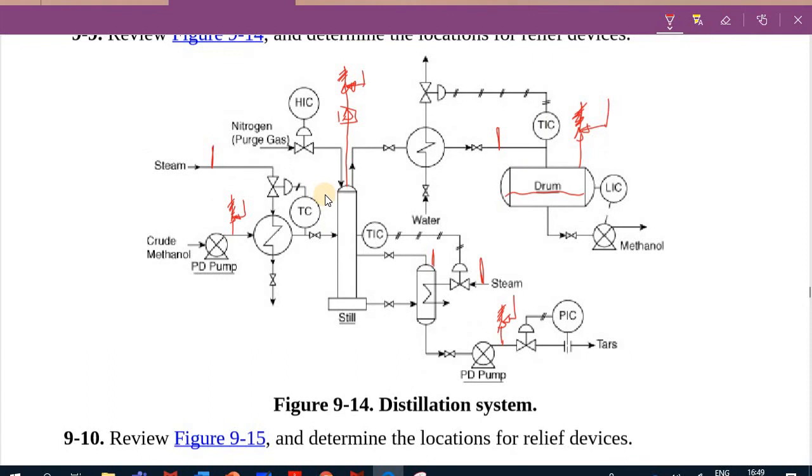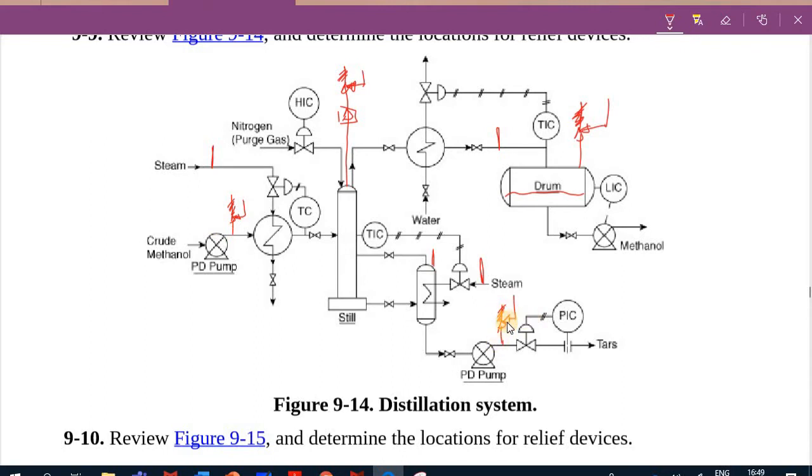The first relief scenario, for example, is the size relief for the pump that is blocked, and of course we need to put this relief valve on if it is blocked.